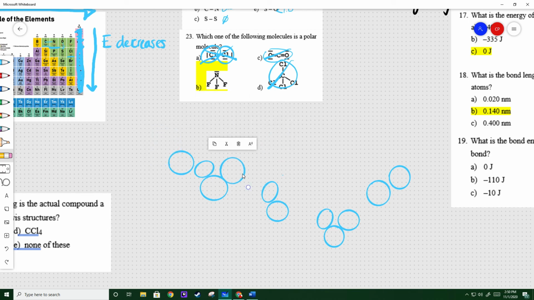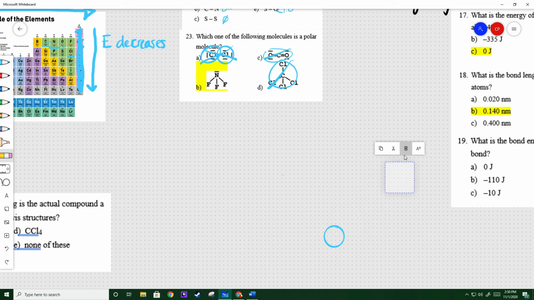So another example of one of the most polar compounds that we have is going to be water. Let me just get these out of the way. When we draw water, the reason it is very polar is we have oxygen in the middle, and then we have 1, 2, 3, 4, and then 2 hydrogens.